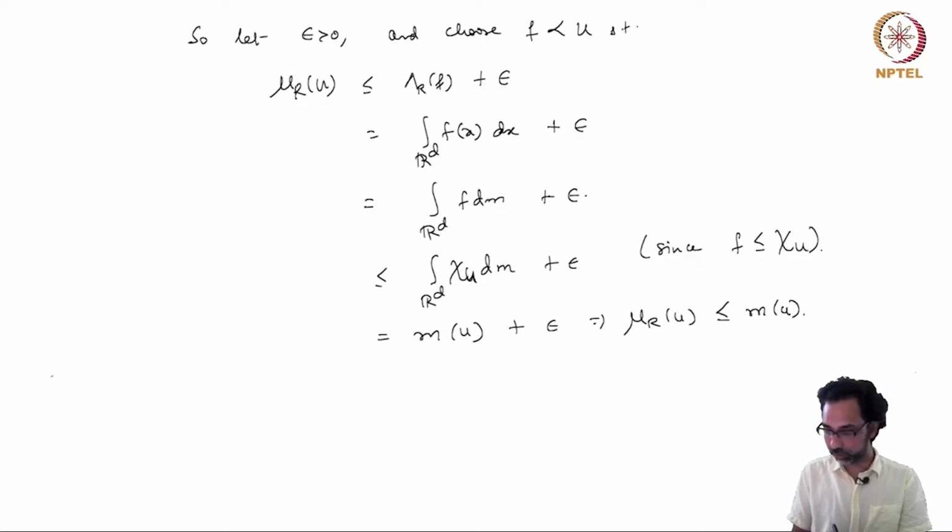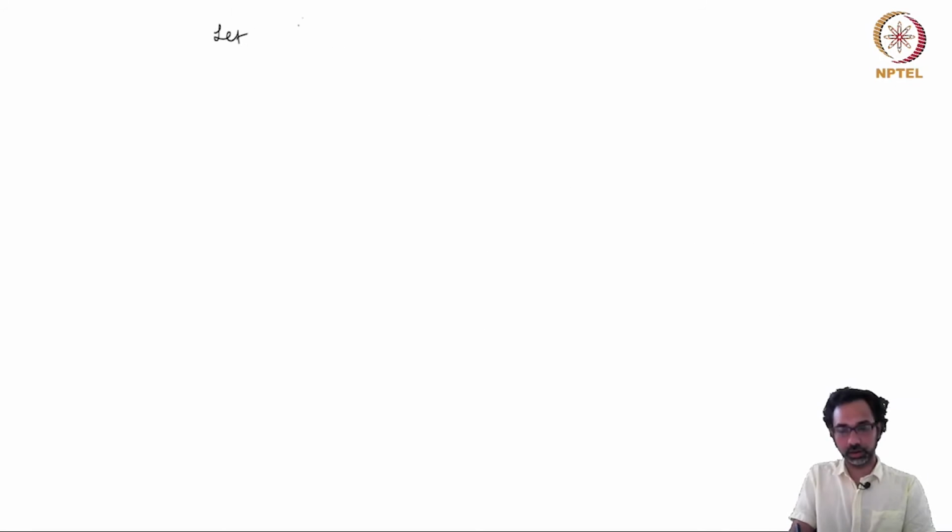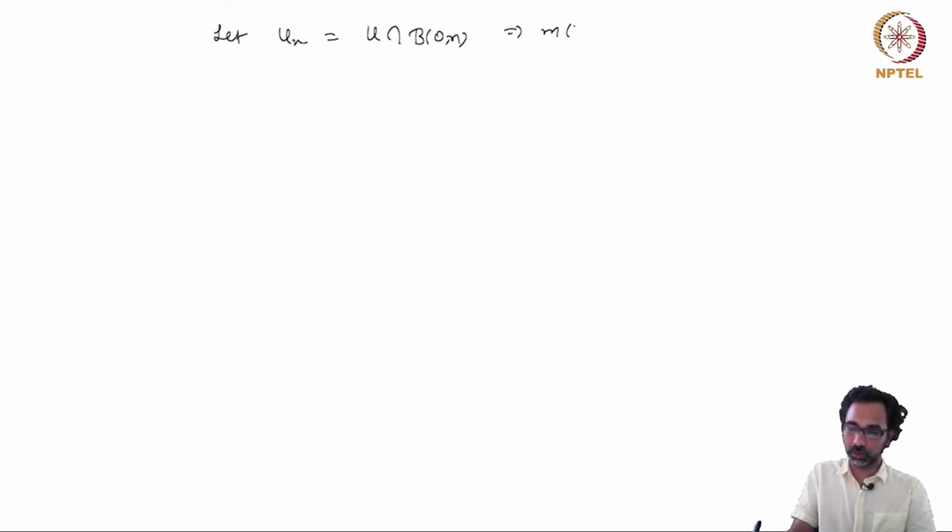Now for the reverse inclusion, let u_n be the intersection of u with the open ball of radius n and center 0, so that the measure of u_n is finite and u is the union of these u_n, n equal to 1 to infinity.